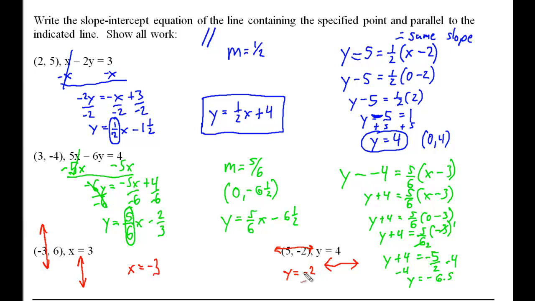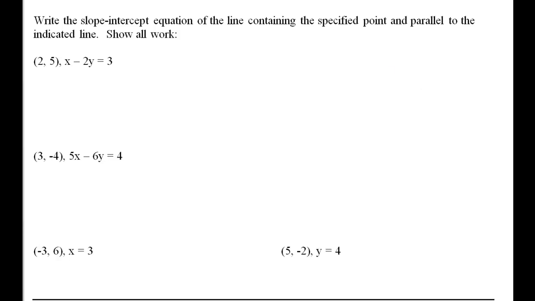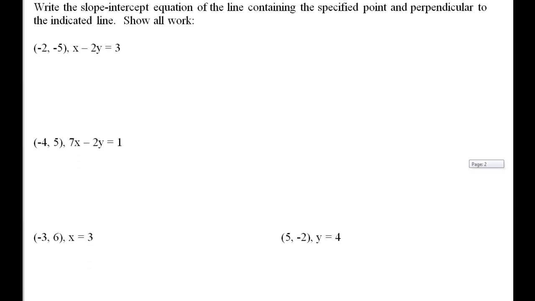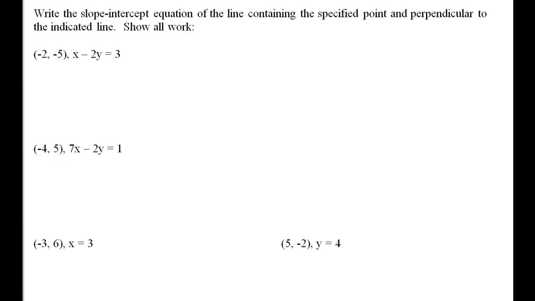All right. So with that in mind, I know that was a lot of work there, but let's go and take a look at the perpendicular answers to these problems here. Perpendicular is the same process as parallel, except that perpendicular is going to be straight up and down. I'm sorry, not straight up and down. It's going to be an opposite reciprocal slope. Opposite reciprocal.